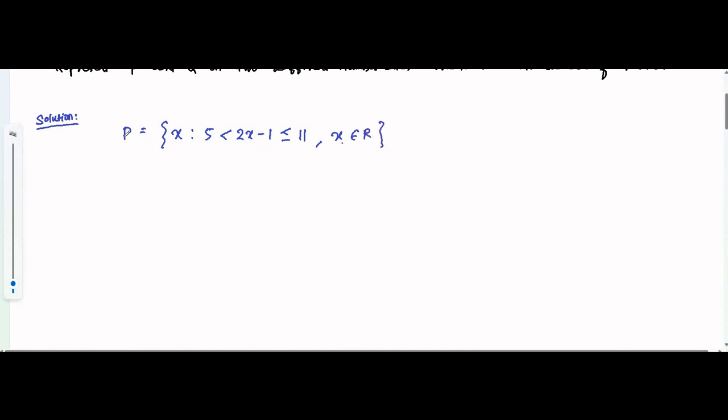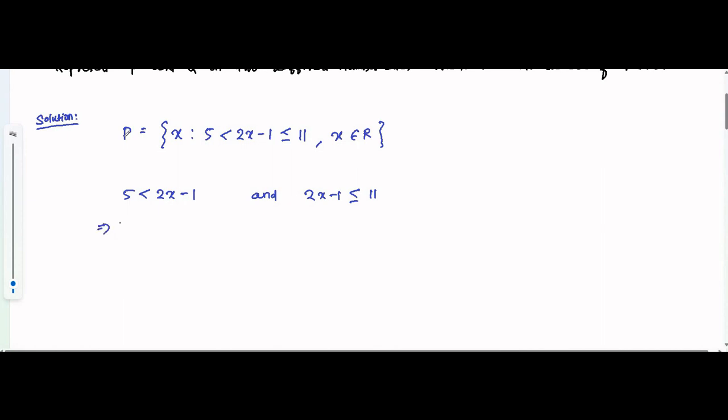As you can see, this whole thing consists of two parts: 5 lesser than 2x minus 1, and 2x minus 1 lesser than equal to 11. So we have to solve them individually.